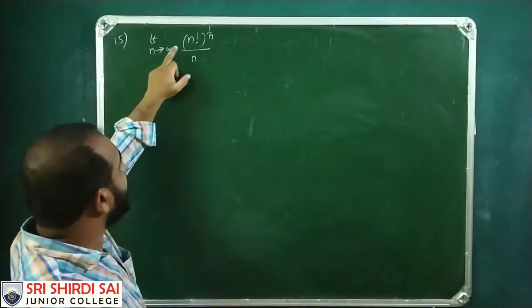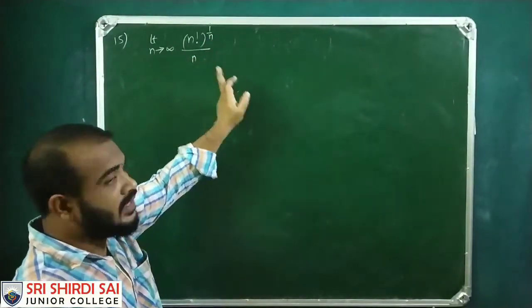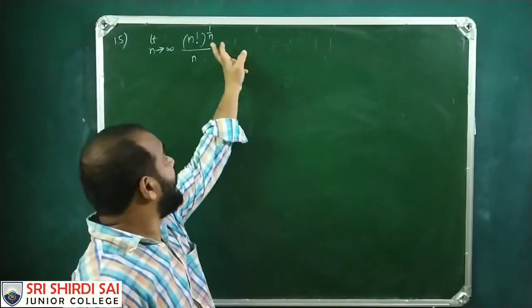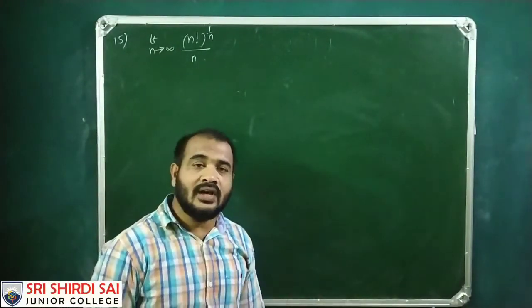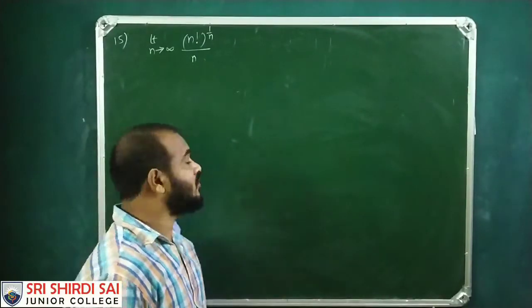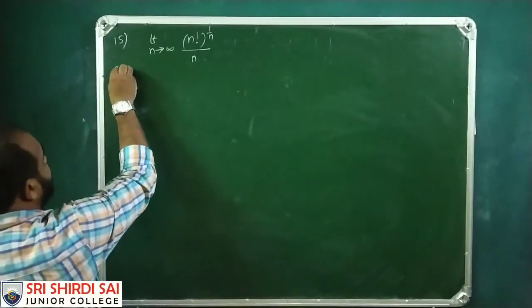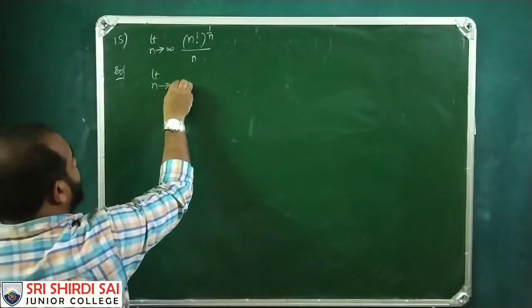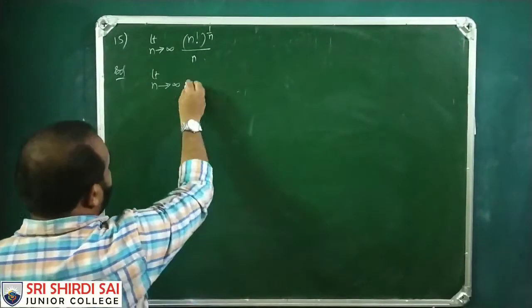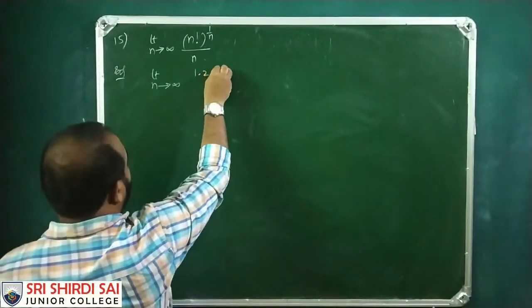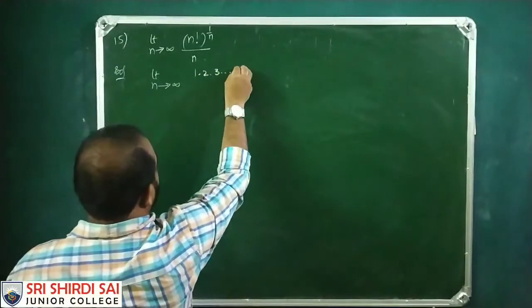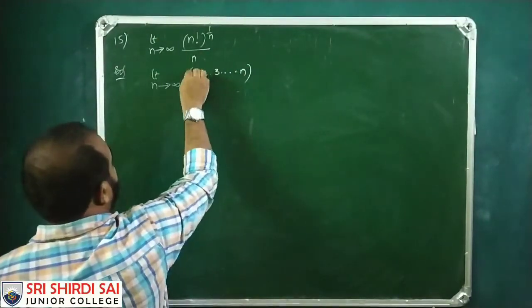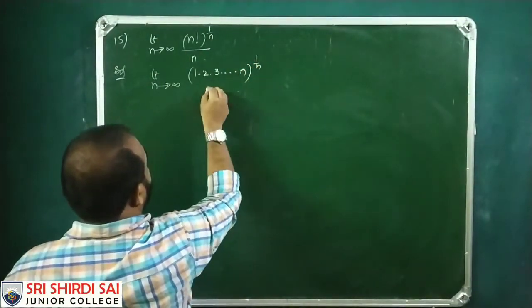Now limit n tends to infinity, n factorial whole power 1 by n, by n. Again, this is a power. Whenever power is there, we need to take a logarithm into consideration. So first of all, the solution is limit n tends to infinity, n factorial is 1 into 2 into 3 up to n, whole power 1 by n, by n.